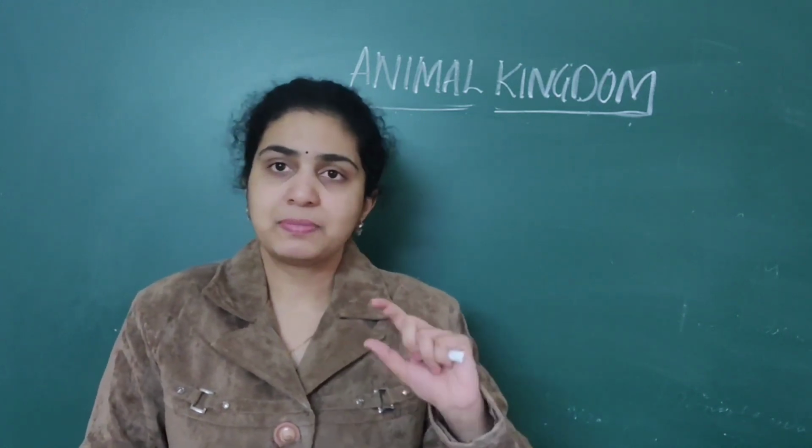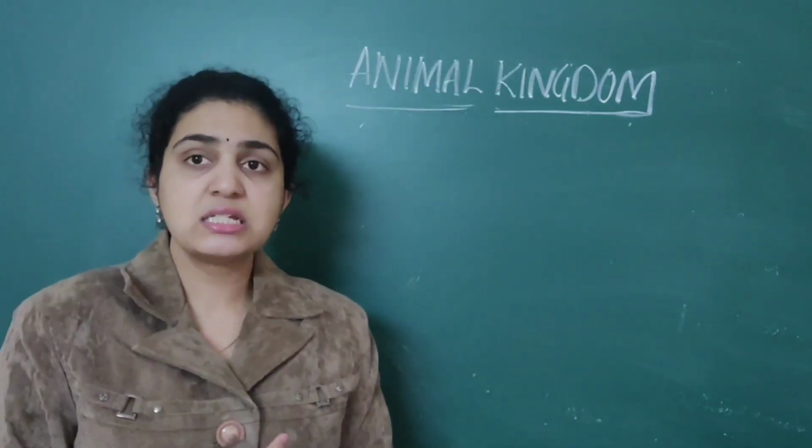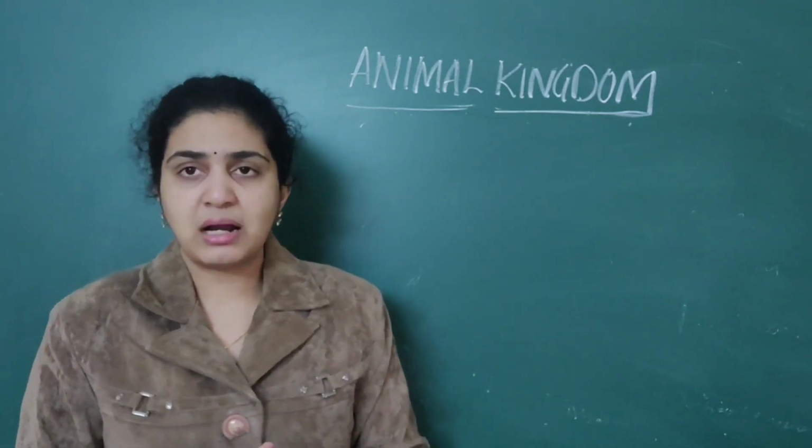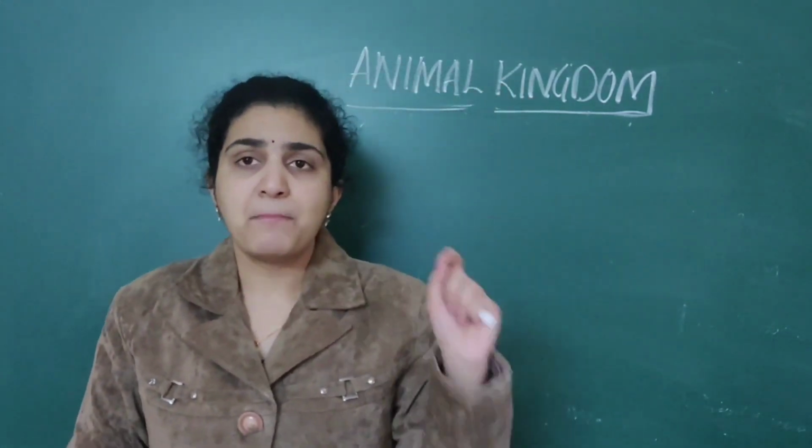Normal features are asymmetrical shape, as well as the cellular level of organization, and that part is done. Next, when we come to Ctenophora, an important NEET question mostly asked is about the ciliated comb plates as well as bioluminescence.